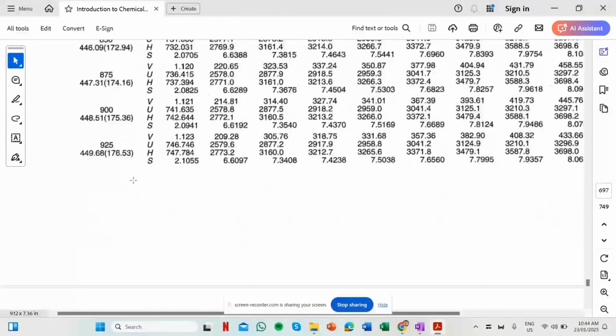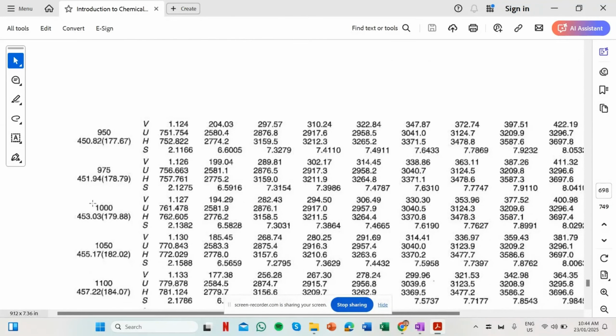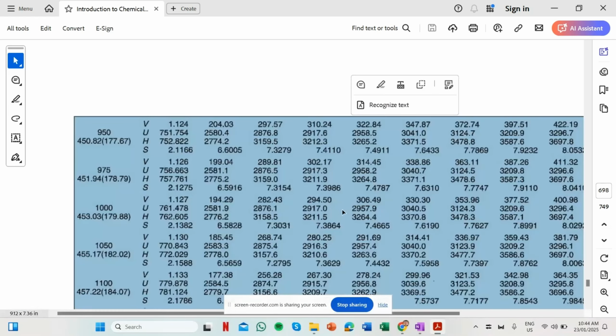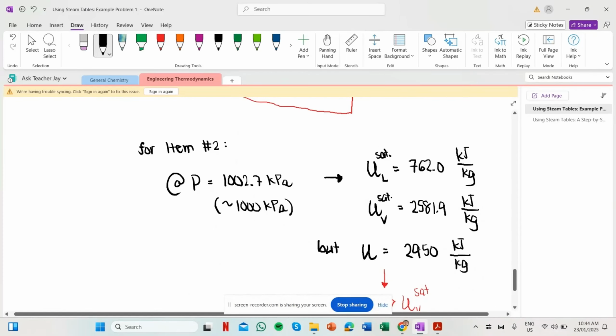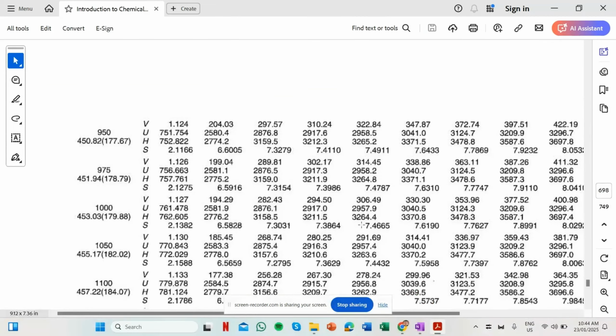We have 1000 kPa here, and we need to look for the location of the 2950 here. So this is 2917 and 2957.9. So more or less, the value of 2950 is in between 2917 and 2957.9. So essentially, the unknown is here.